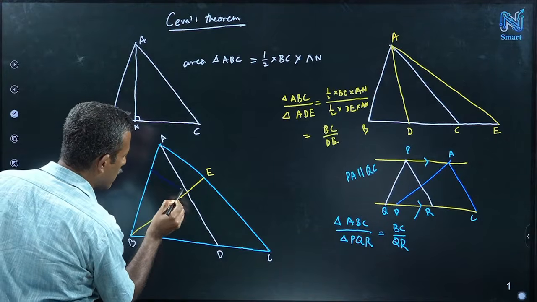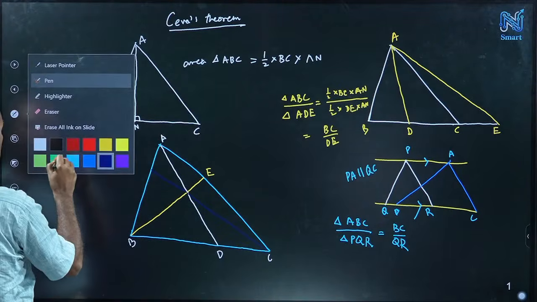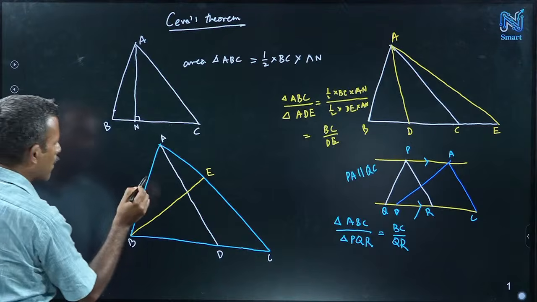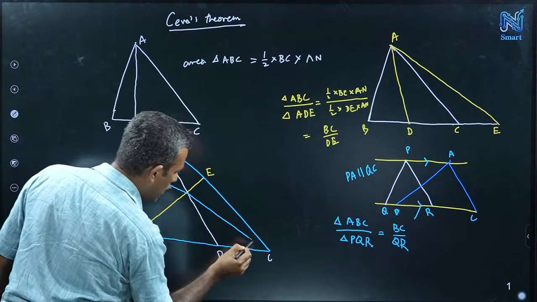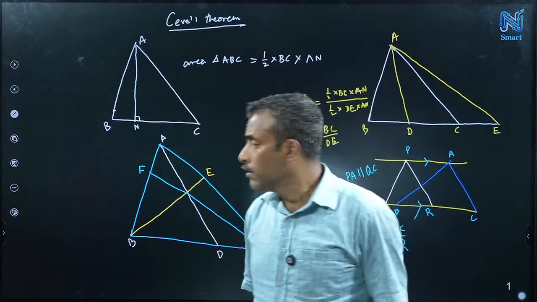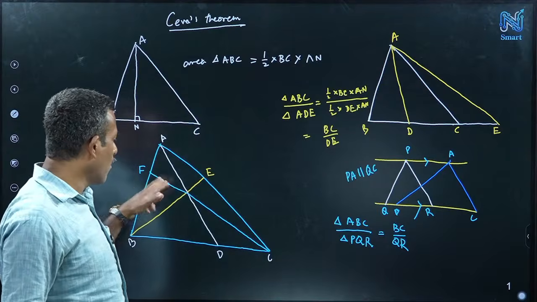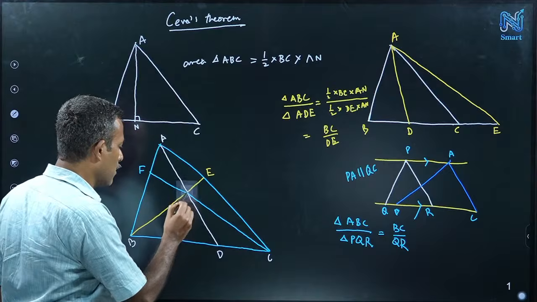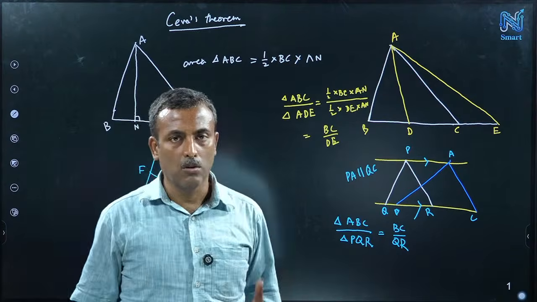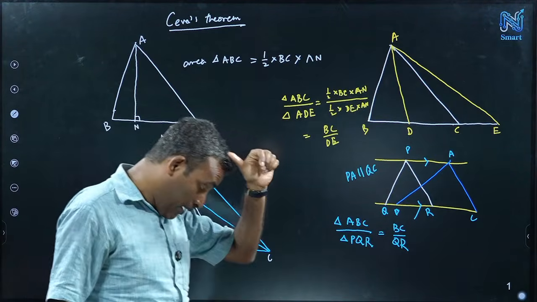And the third line segment is like that: F is a point on AB and we join C and F. These three line segments are concurrent, say at G. This point G is a common point of AD, BE and CF. And this is the figure.